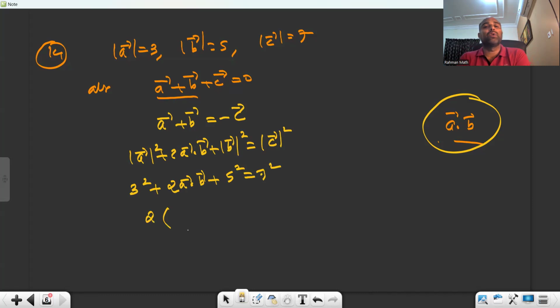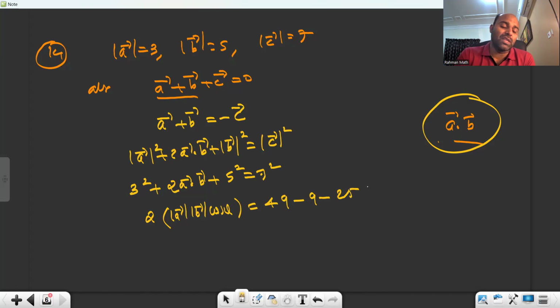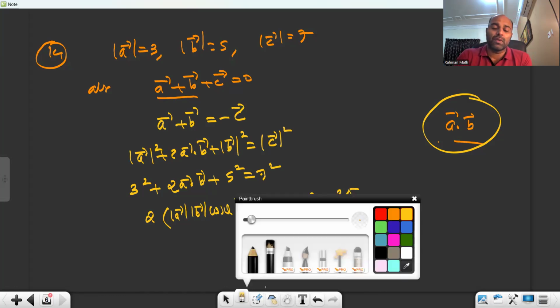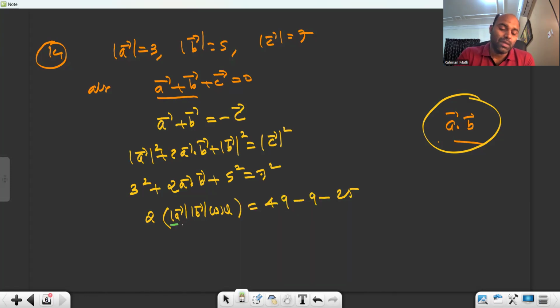In the beginning, I taught you what A dot B means: magnitude A, magnitude B cos theta. So 2 into 3 into 5 cos theta equals 49 minus 9 minus 25, 15.